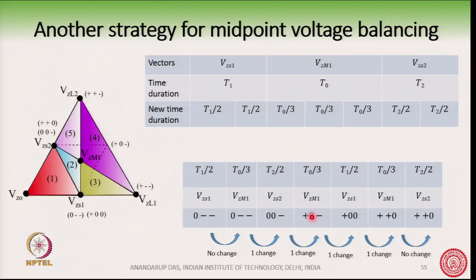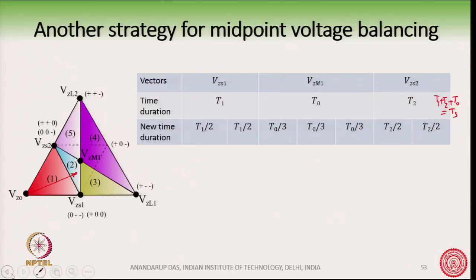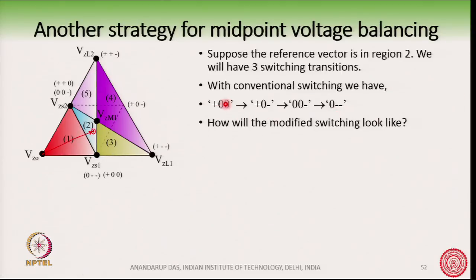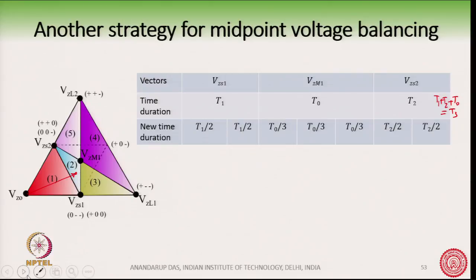So, one change, and then from here to here you have one change, from here to here you have another change, and for the last one there is no change. So, therefore, you see that there are 4 changes happening in a TS period by using this strategy of virtual space vectors. Okay. So, there has been 4 switching transitions, which if I had used the earlier one, there were 3 transitions, but now we have 4 transitions.